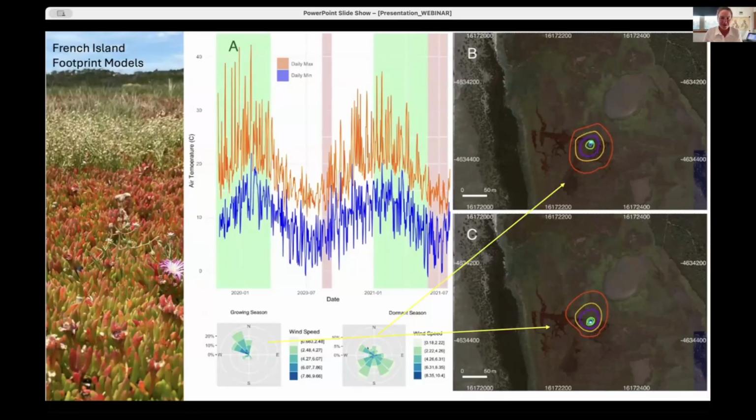You can see that during different periods of the year. So here are two wind roses. Sorry, I think I made the wind like current, but here are winds.